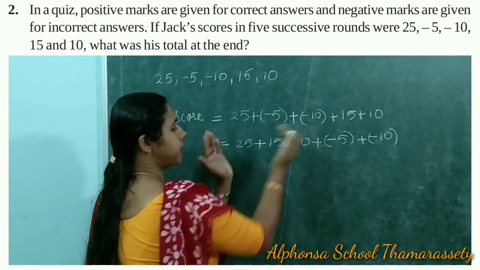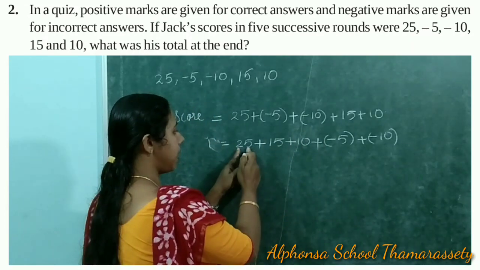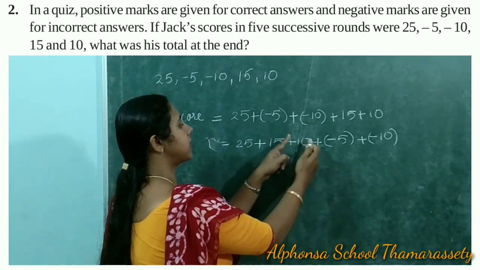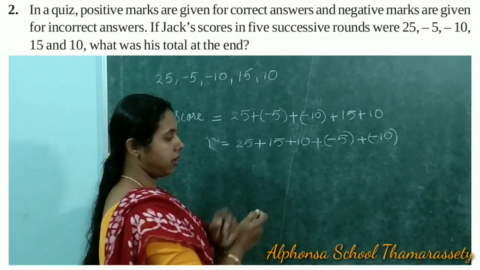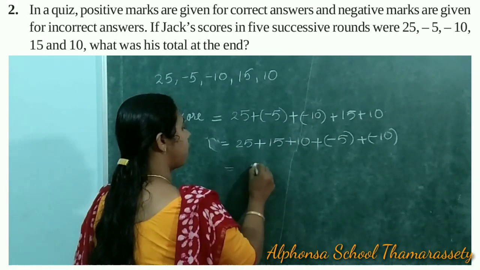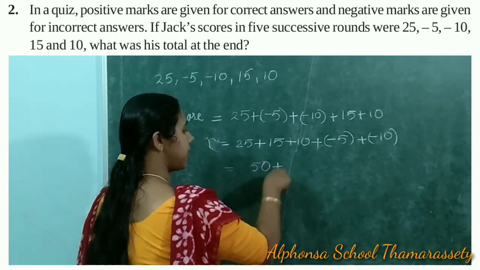Add the positive numbers first. So 25 plus 15 is 40, plus 10 is equal to 50.